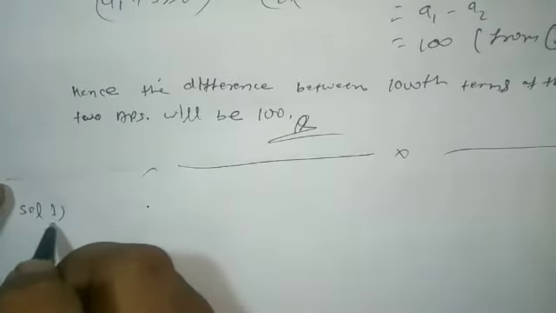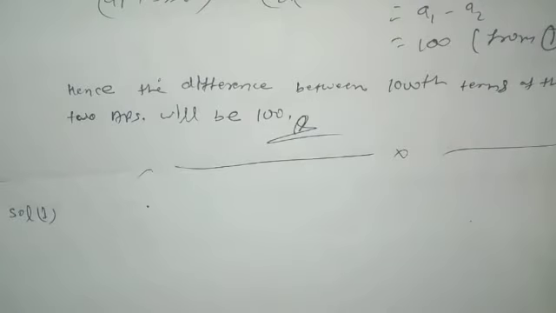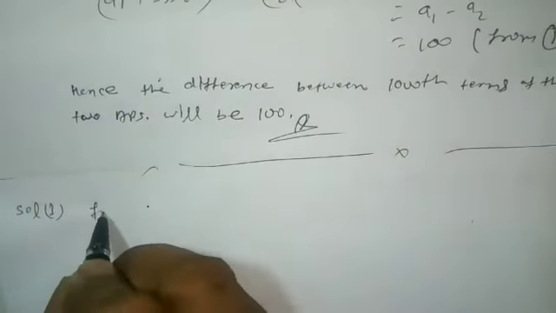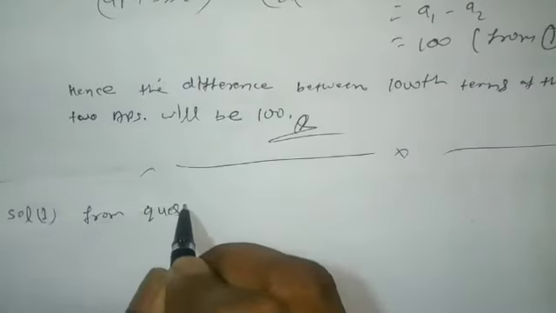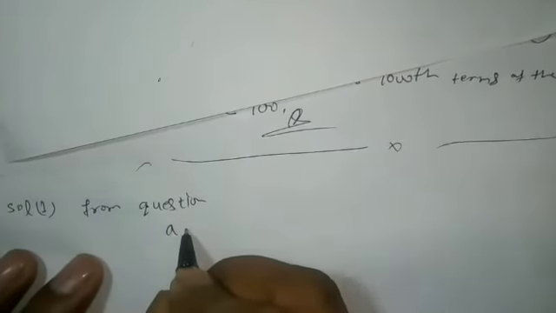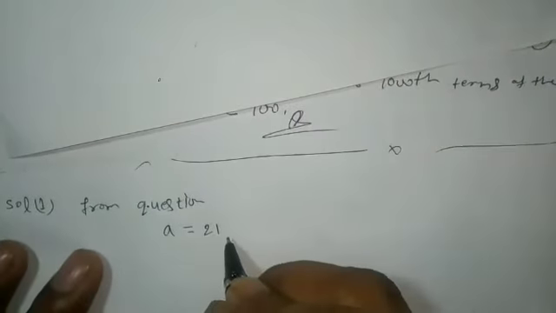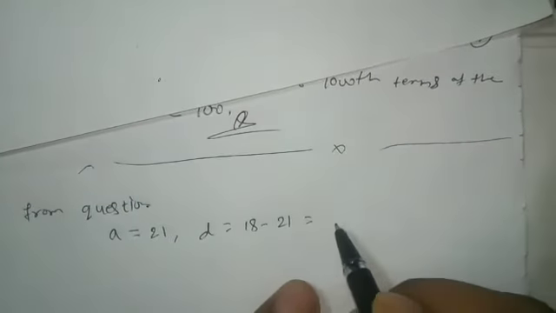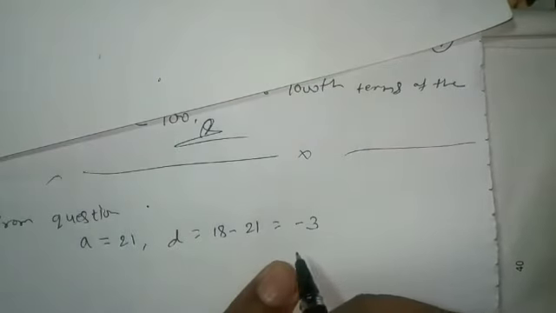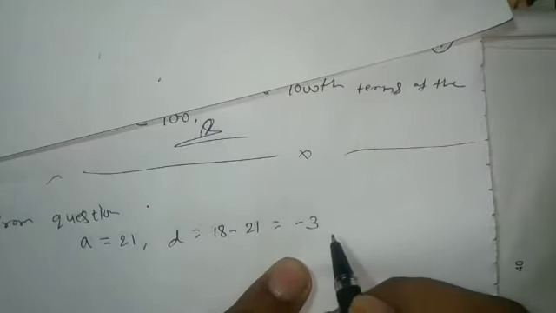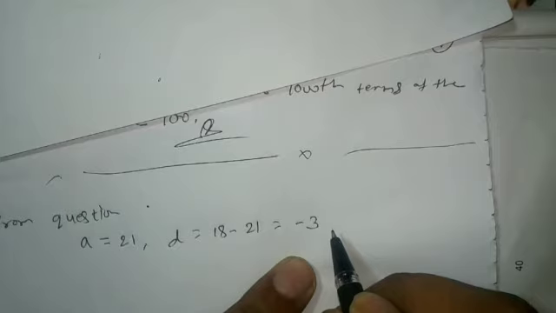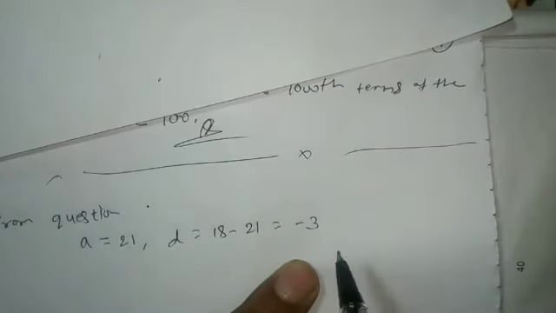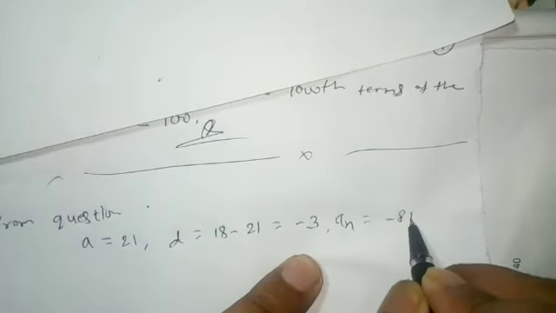Solution 1. From the question, a is equal to 21, d is equal to 18 minus 21 is equal to minus 3. an is equal to minus 81.